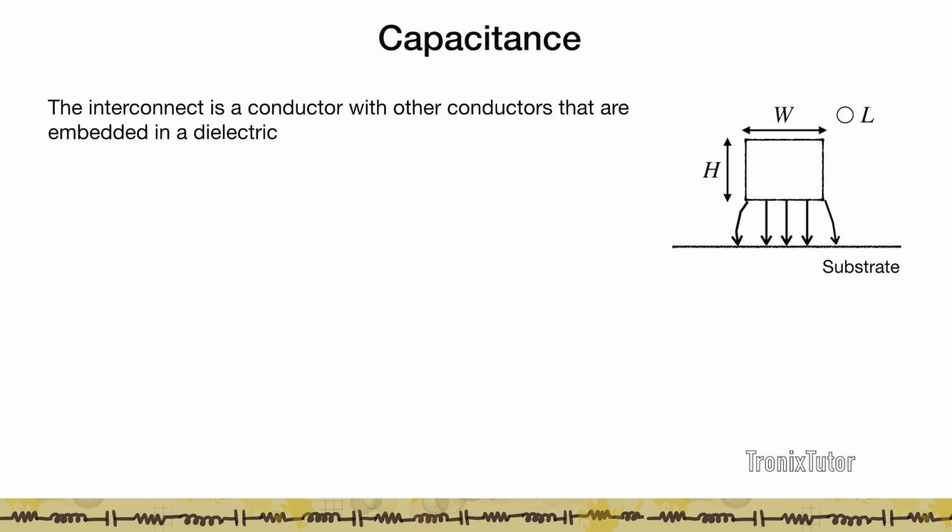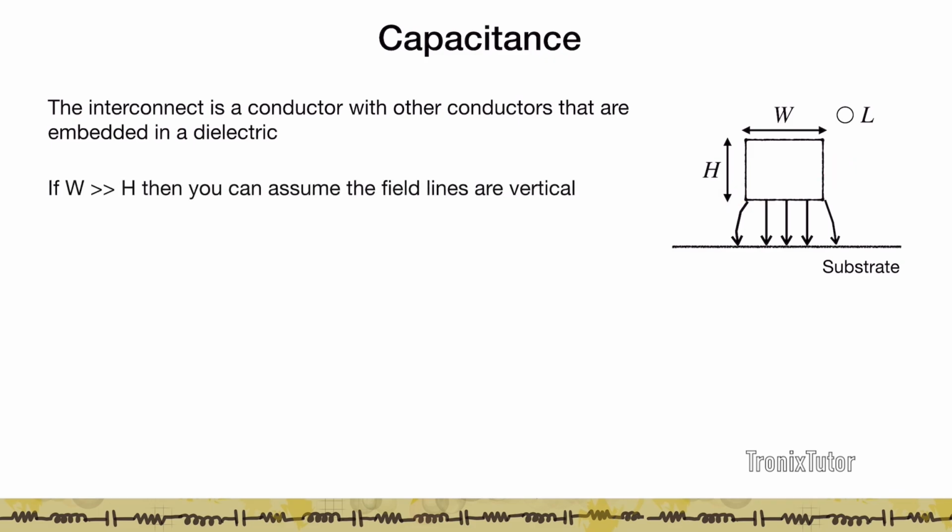If you think about it, an interconnect is nothing but a conductor that is embedded in a dielectric with other conductors around it. Now let's consider a line which has a width of W, a height of H and a length of L that is into the screen of the video.